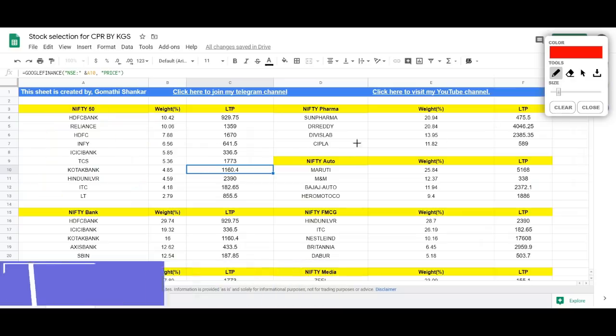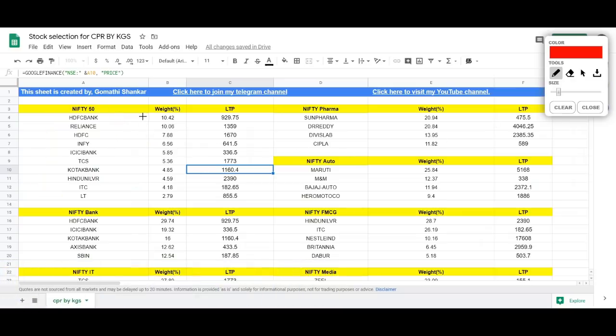So what is the purpose of selecting these stocks? When you select these 10 stocks, their movement will be good, and the volatility will be good in these kinds of stocks. And in Nifty Bank I have selected the top 5 stocks based on weight.